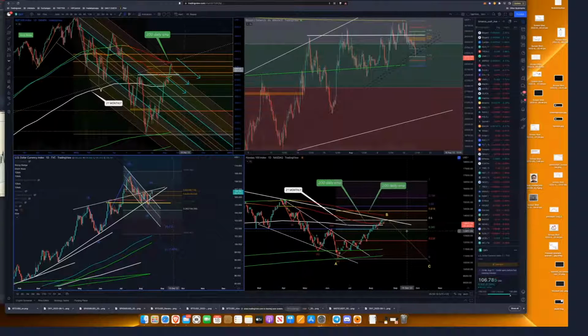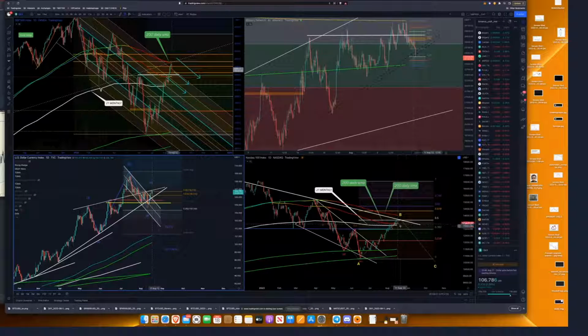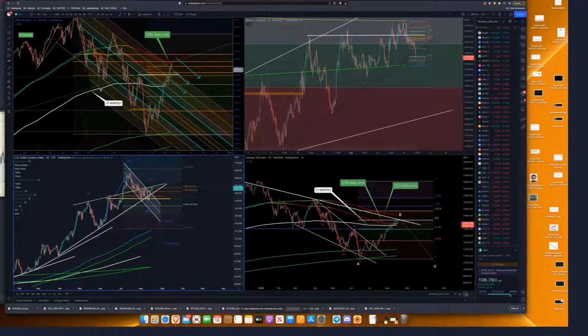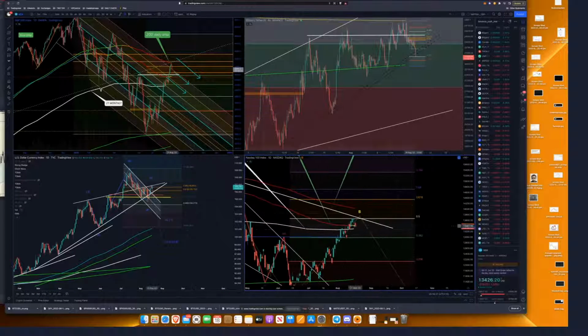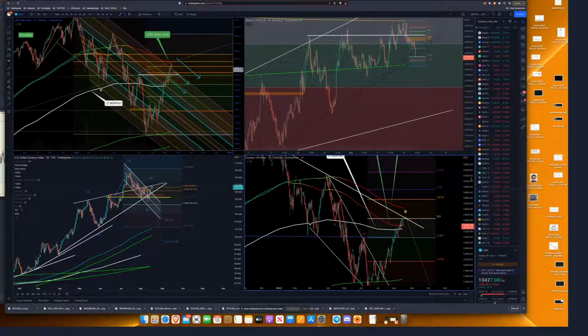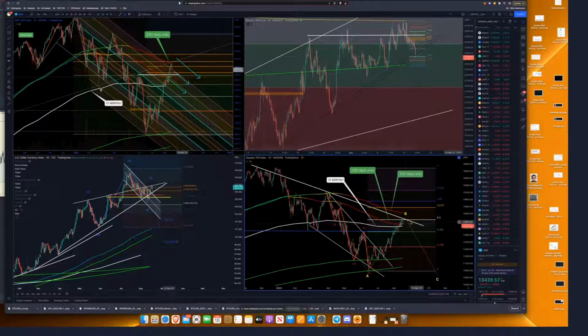Here we have the Nasdaq. It's giving us a red one as well. So now it's got a rejection at the 0.5 fib level, along with its trend line. So the Nasdaq is in sequence as well. They're all dancing with the US dollar.